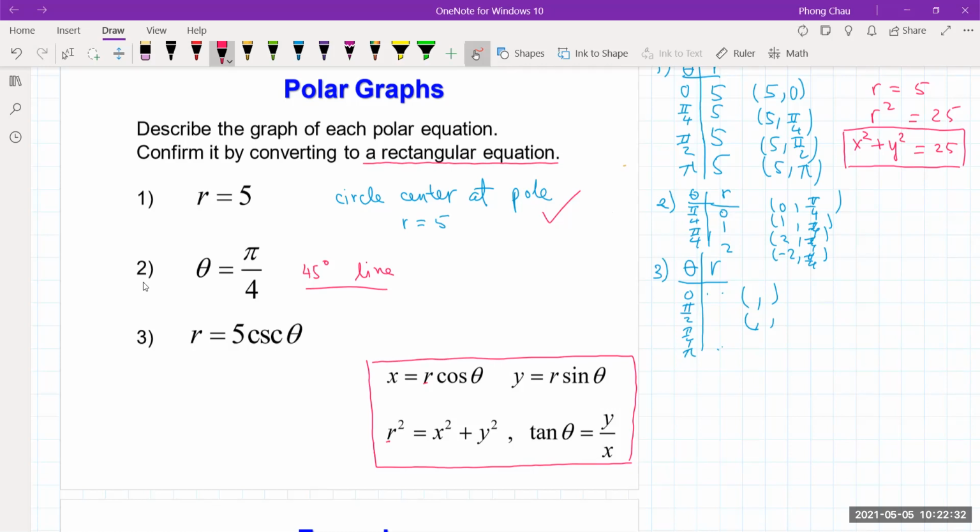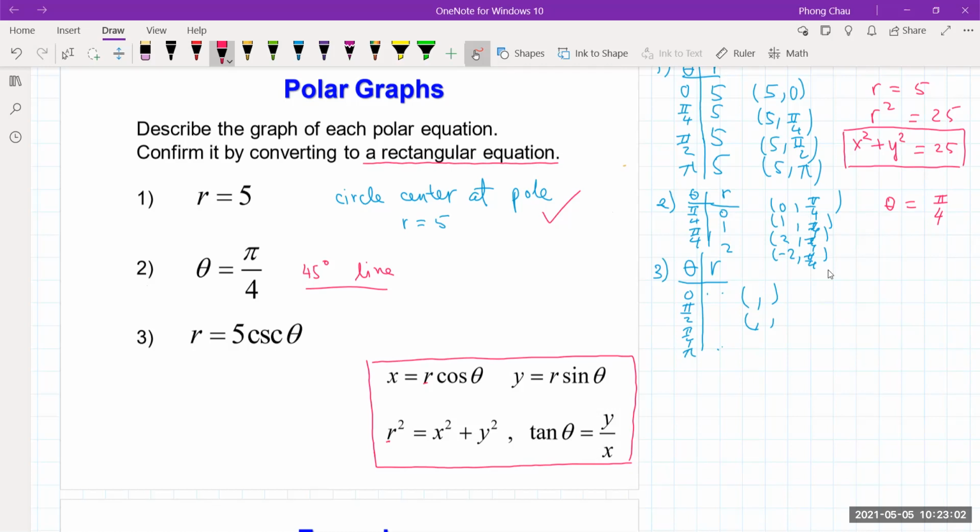All right, so let's look at number 2. When theta equal pi over 4, okay, so that's our equation. Once again, I want to convert to an equation with x and y. So I need to find the relationship between theta and x, y. Which one? See, this one. So I'm using tangent theta equal y over x.